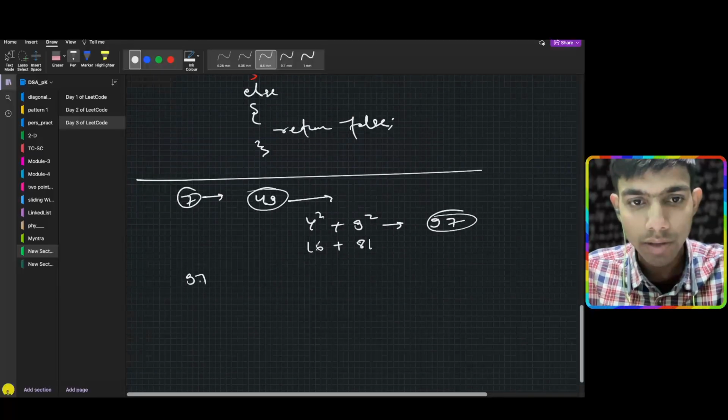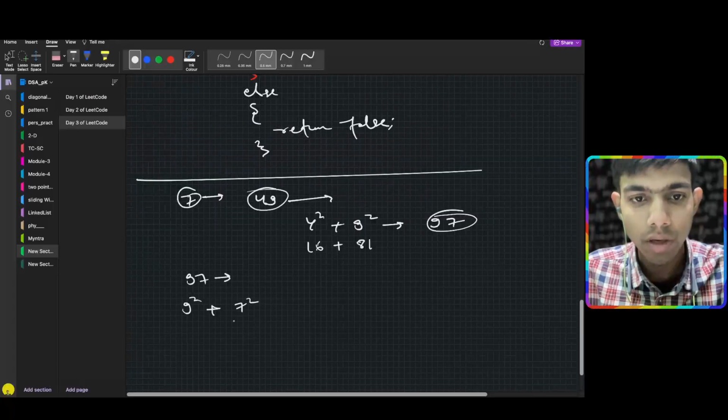Now 97 will be 9 squared plus 7 squared, 81 plus 49.